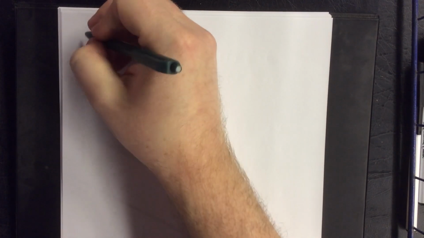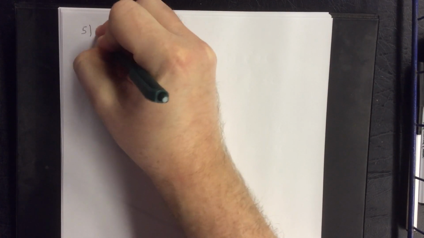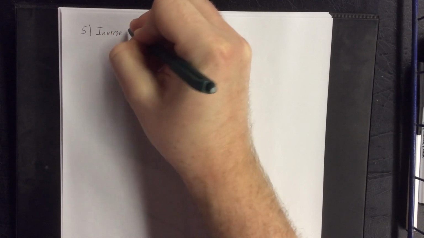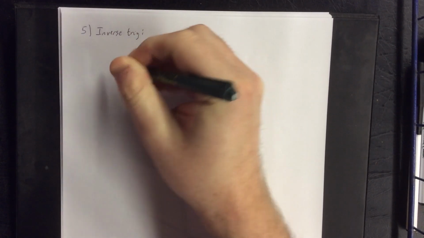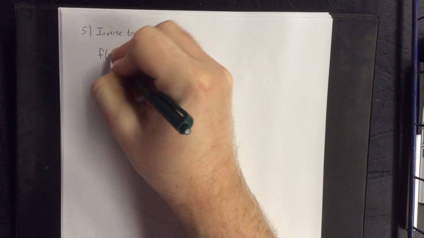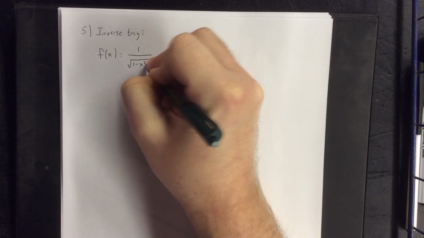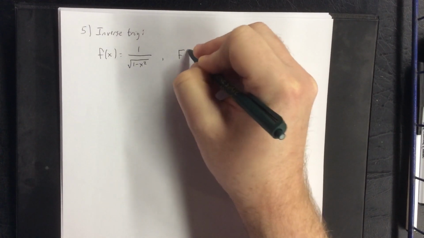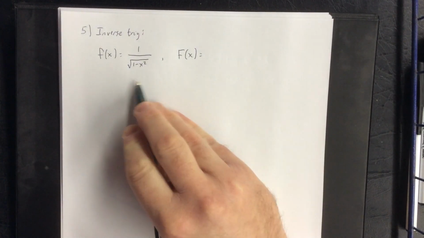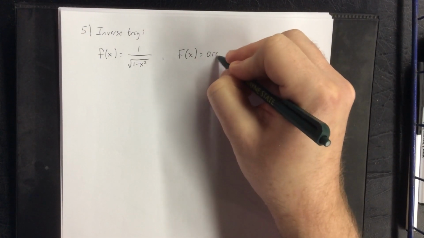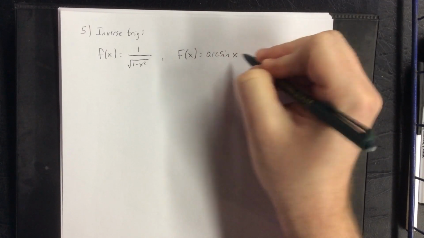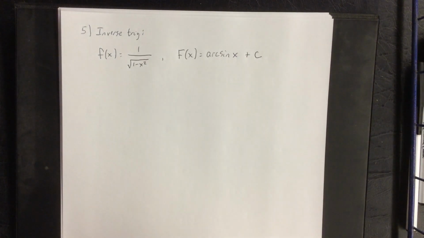Finally, there are 2 more basic forms that you should know for the inverse trig functions. Those are, if f of x is equal to 1 over the square root of 1 minus x squared, then the corresponding antiderivative is going to be the arcsine of x plus a constant.